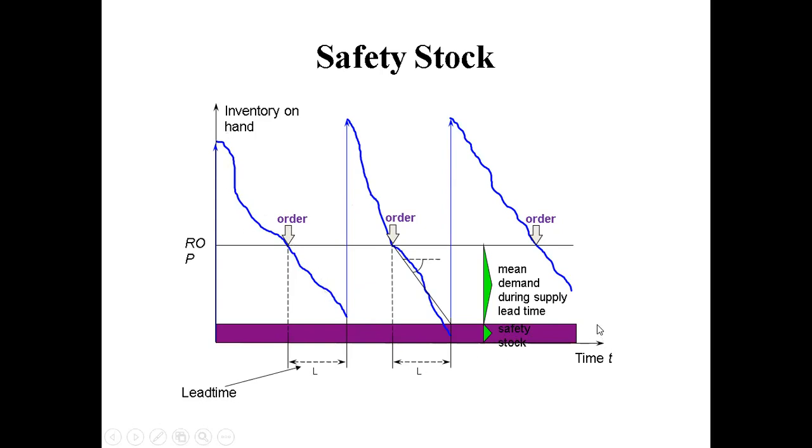Maybe during the lead time, the total demand we have assumed may not be the same. It may be higher than that. So to meet the excess demand, the safety stock is required.